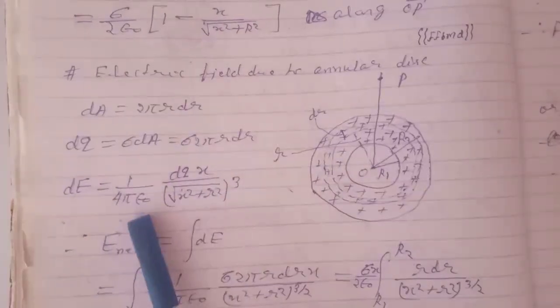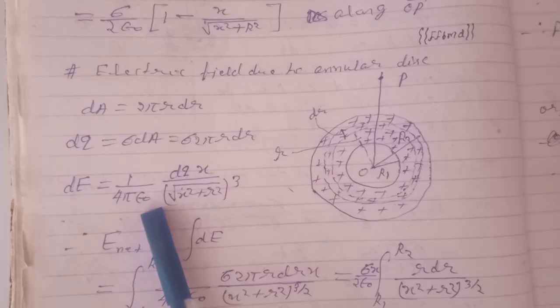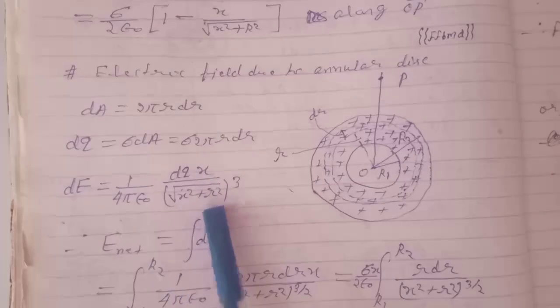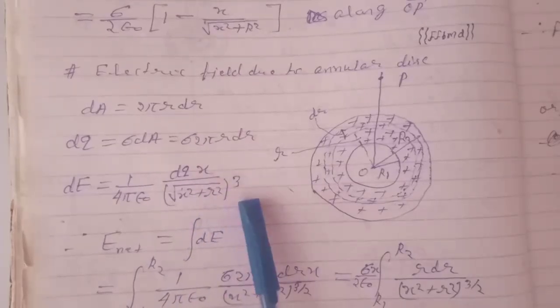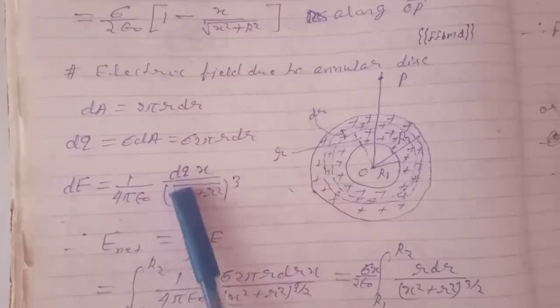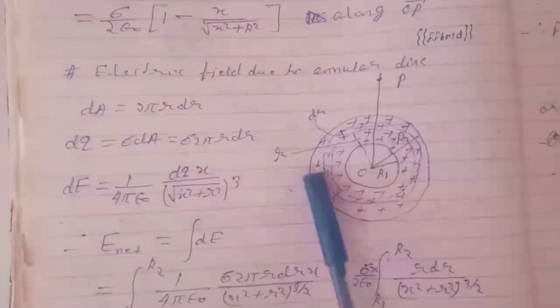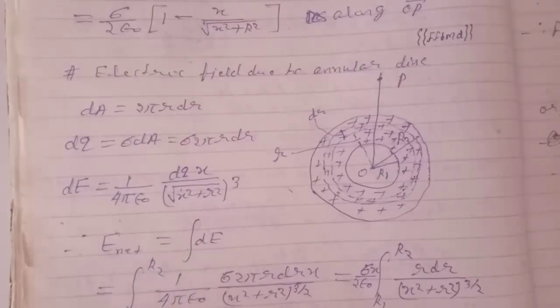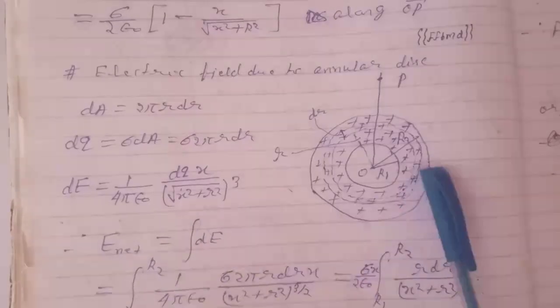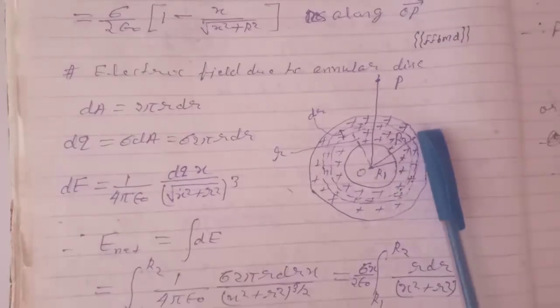Now dE will be 1 by 4 pi epsilon naught dq into x by under root x square plus r square to the whole cube. This is the formula for a ring. We are considering a ring. Now hence E net will be integration of dE, and our limit will be from r1 to r2.